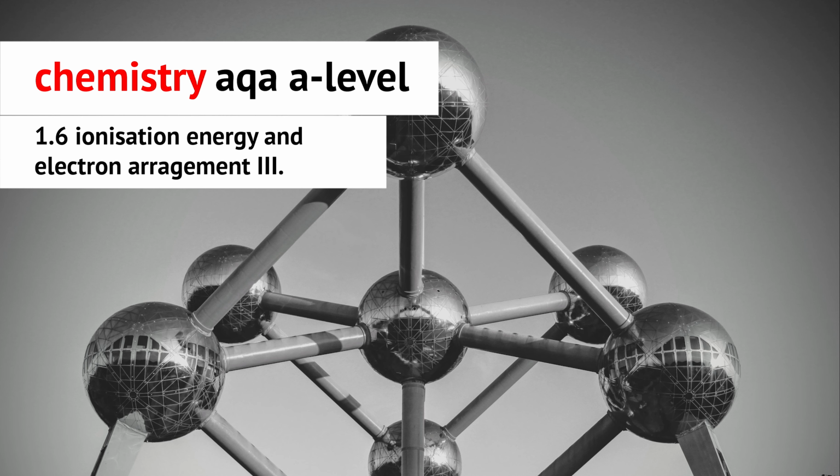For example, sodium, Na. In first ionization energy, you have Na at the beginning on the reactant side, and on the product side you get Na+ plus 1 electron, which is first IE, and produces 496 kilojoules per mole, whereas second IE, where you start with Na+ and get as products Na2+ and 1 electron, produces 4,563 kilojoules per mole.